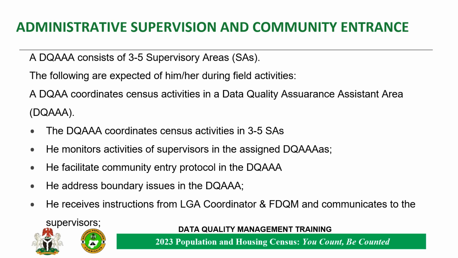It monitors activities of supervisors in the assigned DQAA. He facilitates community entry protocol in the DQAA. He addresses boundary issues in the DQAA. He receives instructions from the LGA coordinator and FDQM and communicates to the supervisor.